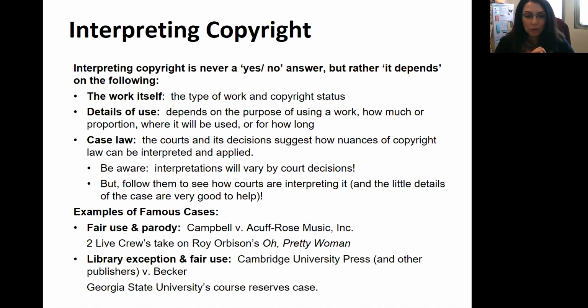And to go into libraries, we've got the library exception in the fair use case with Cambridge University Press and other publishers who sued Becker, who was the president of Georgia State University. What happened in this case was an interlibrary loan department at Georgia State University had digitized some materials, and the publishers had sued Georgia State University, claiming that it was infringing on their copyright for the works. It was a very long case.